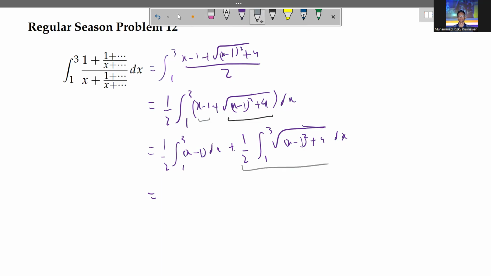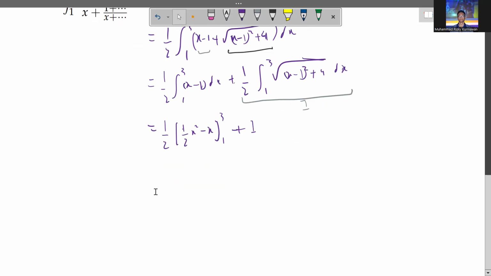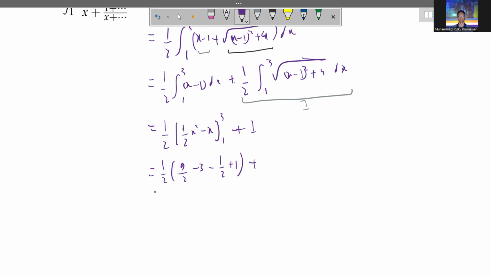And I'm going to abbreviate this as, say, I. So the left side is simply 1/2 of (1/2 x squared minus x) from 1 to 3. And then here this is I. And now we have 1/2 of (9 over 2 minus 3 minus 1/2 plus 1) plus I.